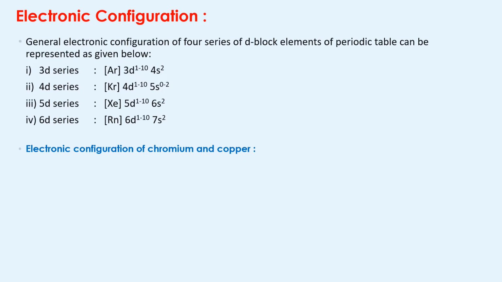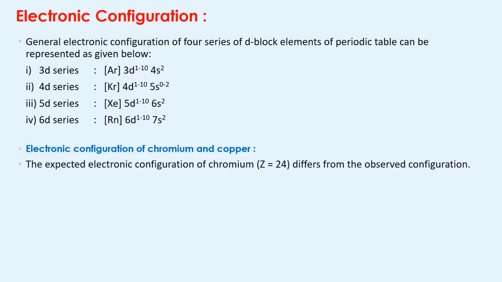So we start with why they show a different electronic configuration than expected. First, the expected electronic configuration for chromium, whose atomic number is 24, differs from the observed configuration.